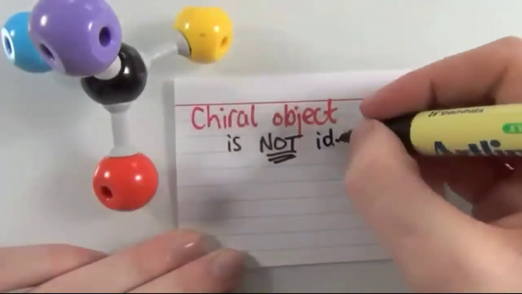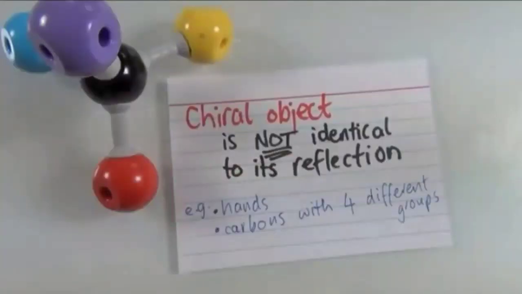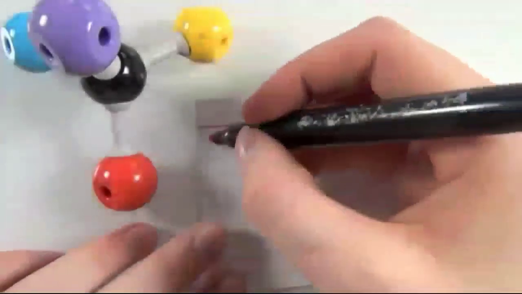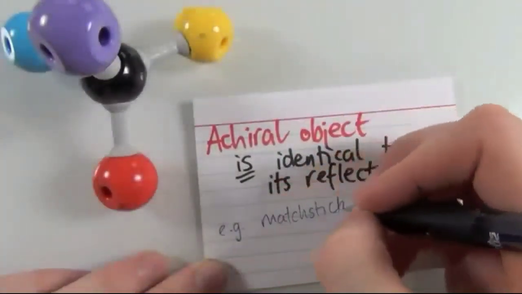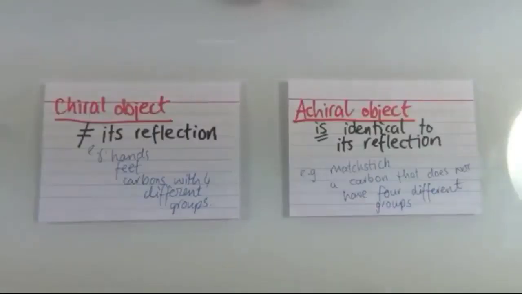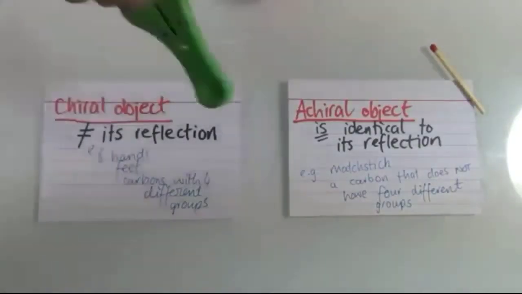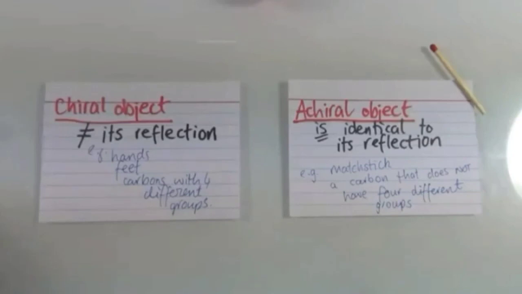So a chiral object is not identical to its reflection. Examples of a chiral object are our hands and carbons with 4 different groups. And an achiral object is identical to its reflection, meaning it is the same as what we see in its reflection. An example of that is the matchsticks, or a carbon that does not have 4 different groups.